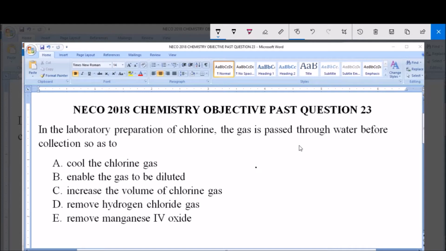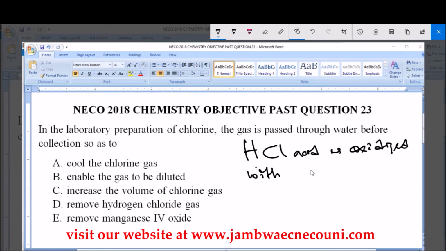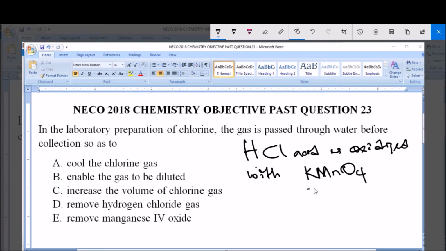Now, in the preparation of chlorine, hydrochloric acid is actually oxidized using potassium tetraoxomanganate(VII). So hydrochloric acid, HCl, is oxidized with potassium tetraoxomanganate(VII), that is KMnO4.